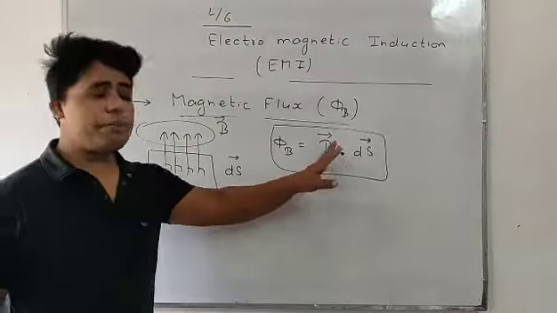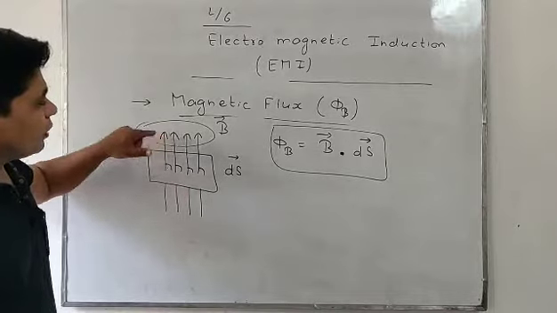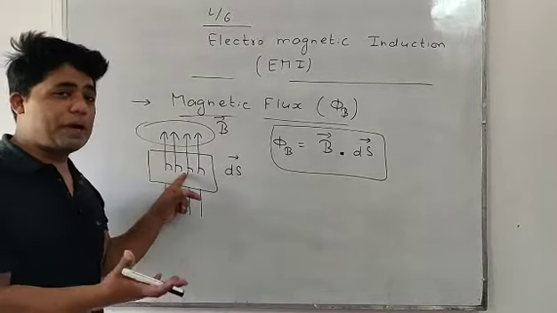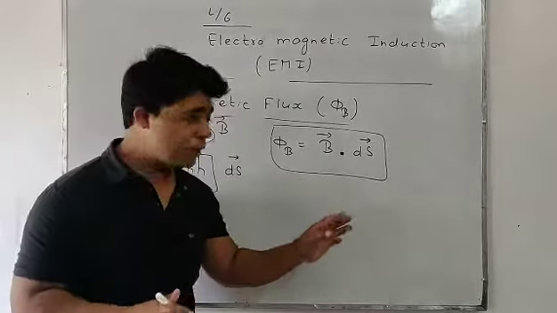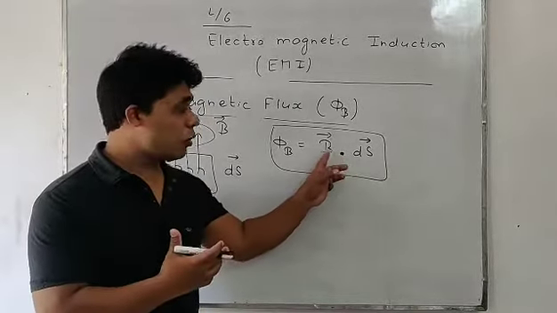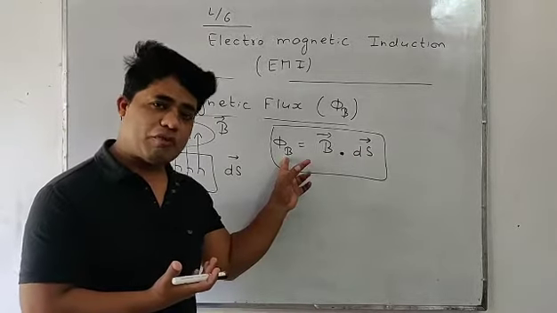This is the mathematical form of flux, and that was the theoretical one. Those magnetic field lines that pass normal to the surface, or the scalar product of magnetic field and surface area, is said to be magnetic flux.